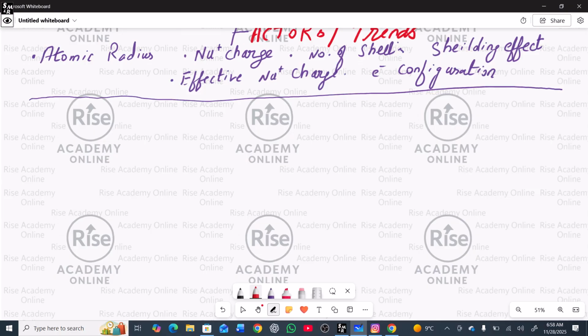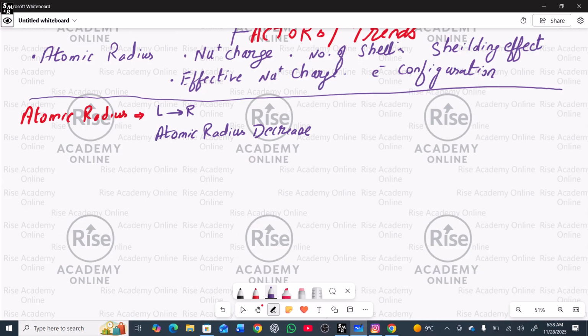First factor is atomic radius. As you know that in the previous lecture we have studied, in moving from left to right in a period, atomic radius decreases.